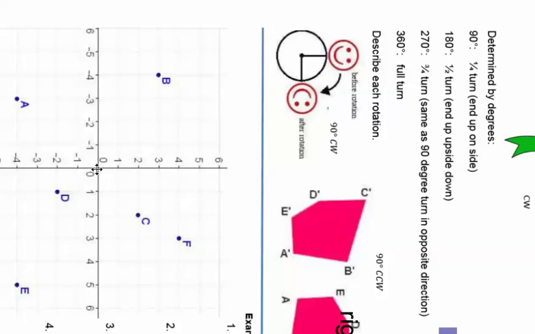Do we move to the right or to the left from the origin? Think about how your finger's going to move. We're going to move to the left, 1, 2, 3, 4 spaces. So left 4. That's going to be our X value.